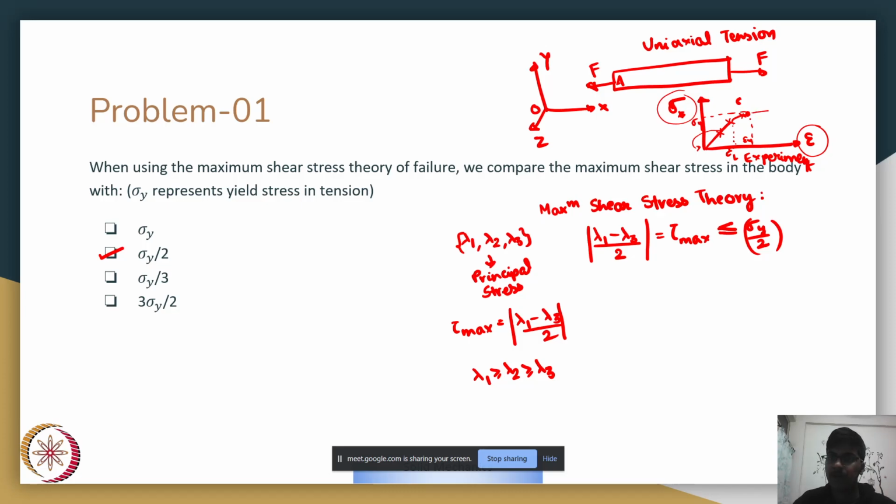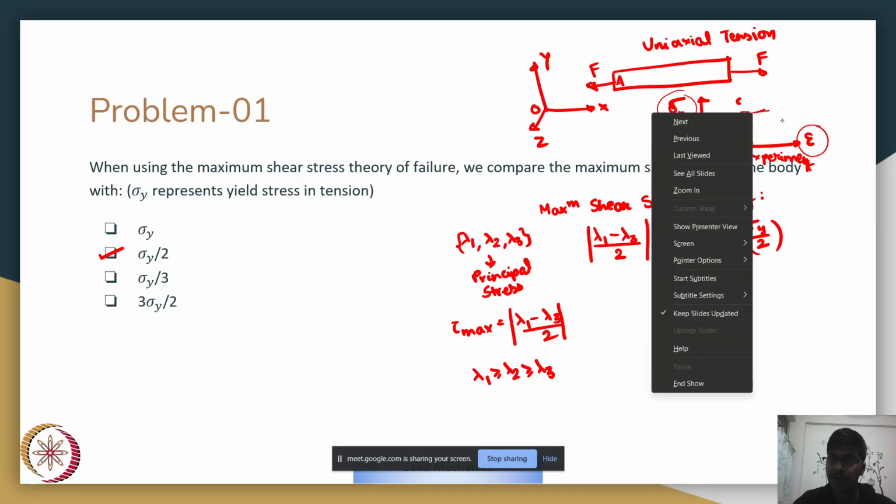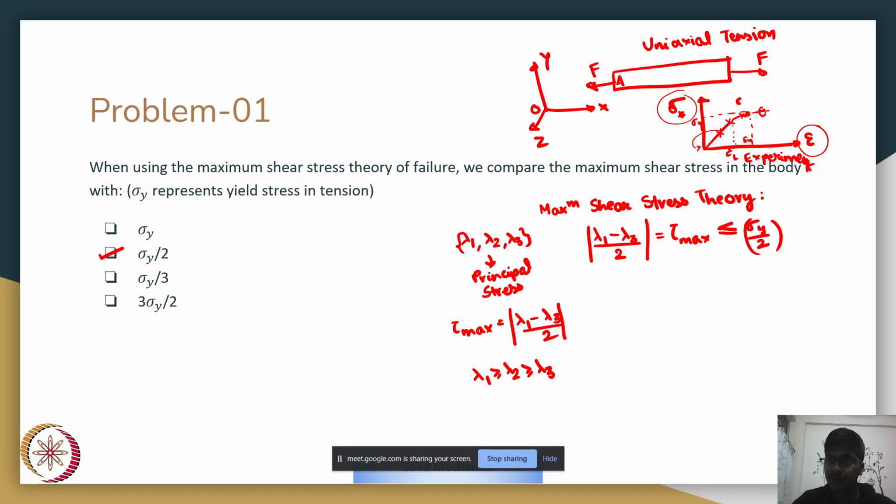But beyond this yield point, you have a different behavior. If I release the body from the circular mark, it will return to a different point where sigma becomes zero since it's under no stress, but the body is now permanently deformed. This is called your plastic strain, epsilon p.